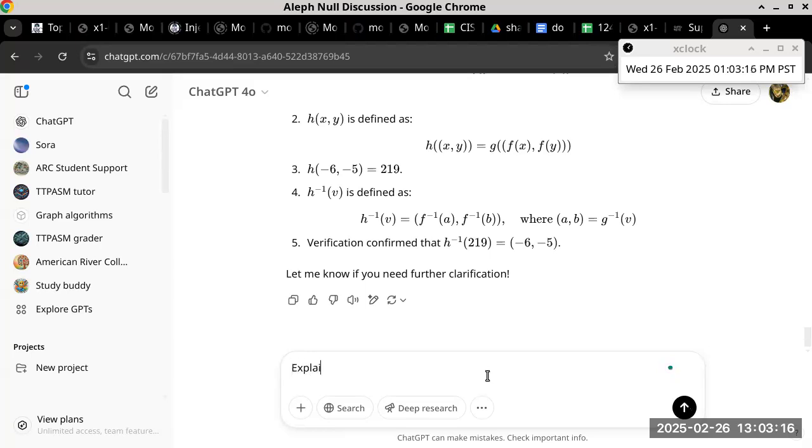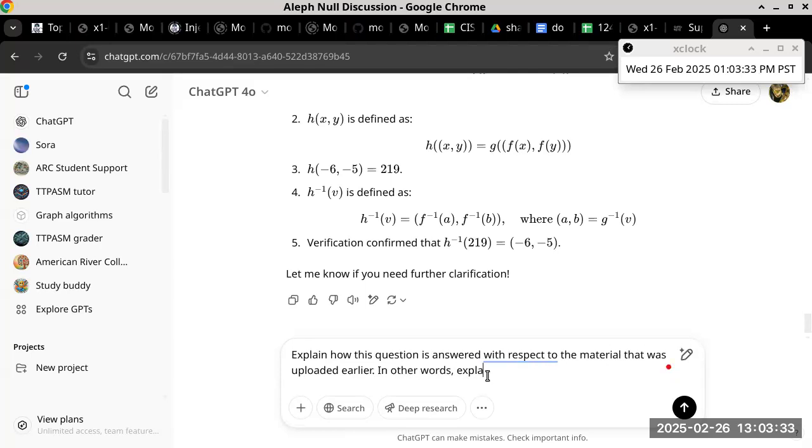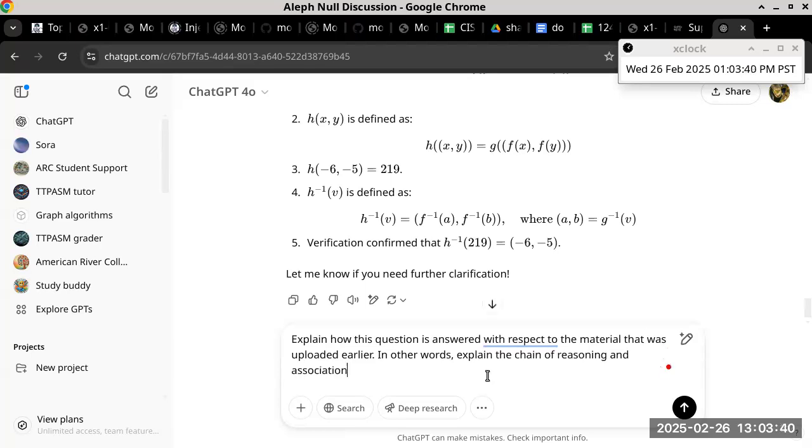So explain how this question is answered with respect to the material that was uploaded earlier. In other words, explain the chain of reasoning and association, or connection, whatever you want to call that.